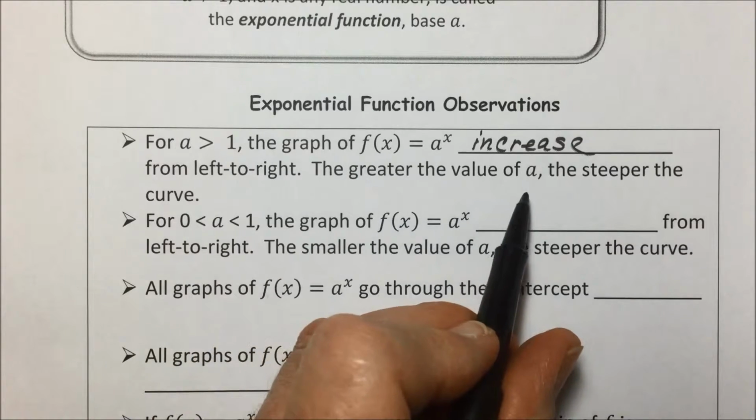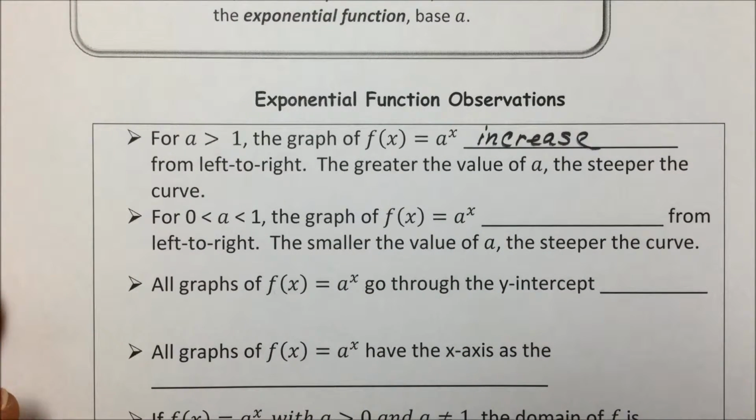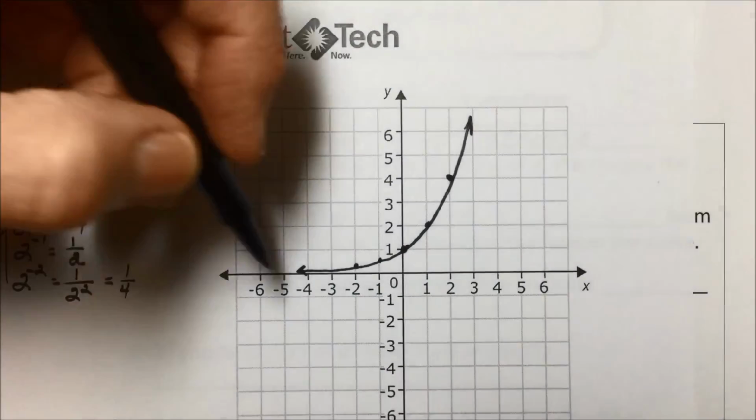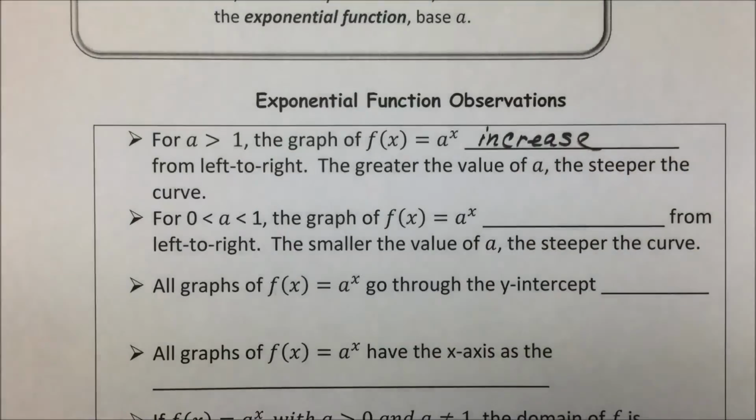The greater the value of a, the steeper the curve. Now we only saw f of x equal to 2 to the x power, and that was a greater than 1. We're seeing as we go from left to right, this is increasing, and that's what we're making our observation.